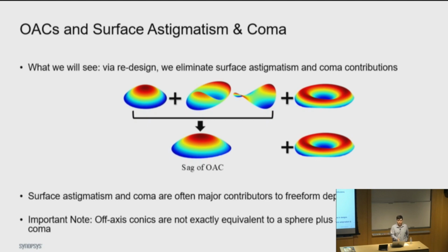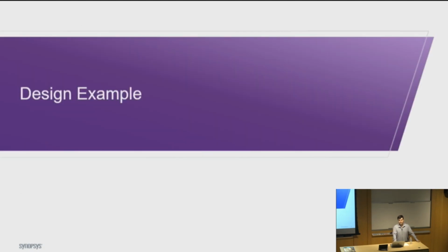It's important to note the off-axis conic is not exactly equivalent to the sphere plus astigmatism and coma, but what we're going to see is that we can nevertheless eliminate the need for them and create a new design with new freeform surfaces that are closer to the base off-axis conic. So that's our motivation, that's our approach. And with that, we'll go to the design example.